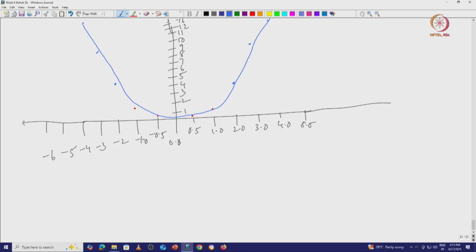Now it's very interesting. I want to separate all this red from blue, and it's very easy for me to pass a line here.